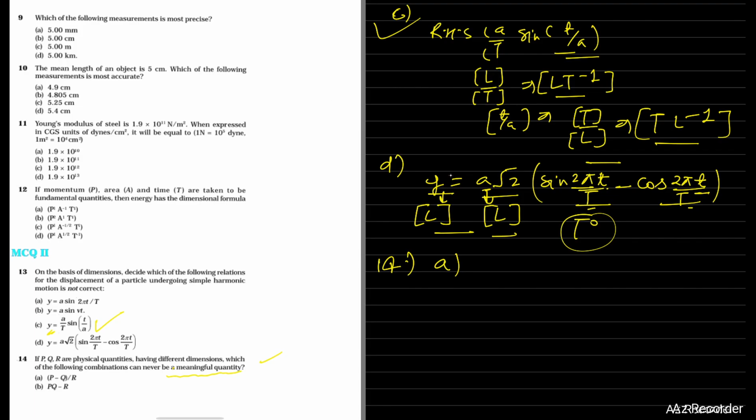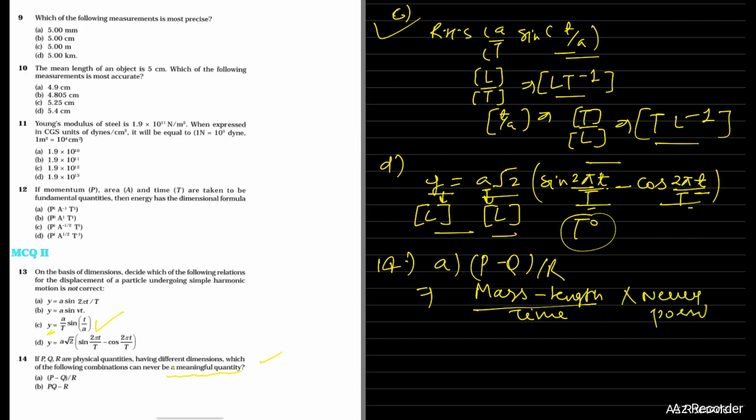So first of all, we will check P minus Q divided by R. By example, we will understand it as mass minus length divided by time. It is not possible. Never possible.